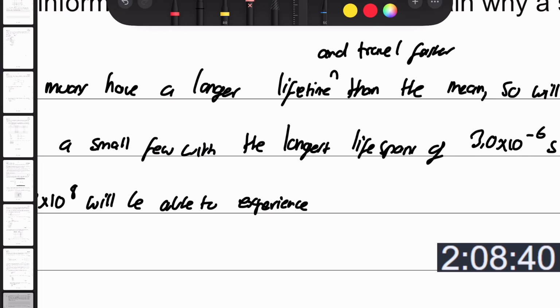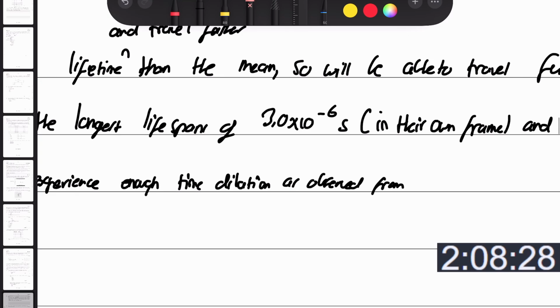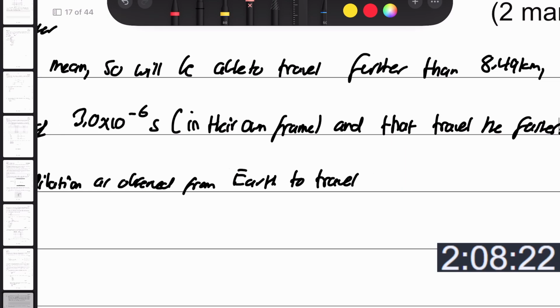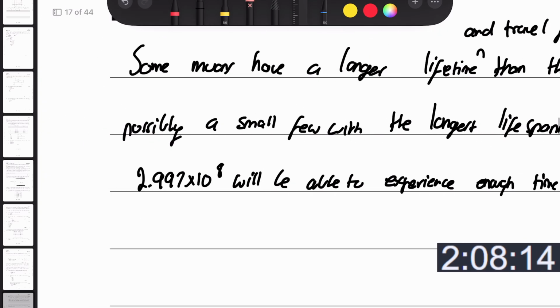Experience enough time dilation as observed from Earth to travel the full 10 kilometers to the surface.